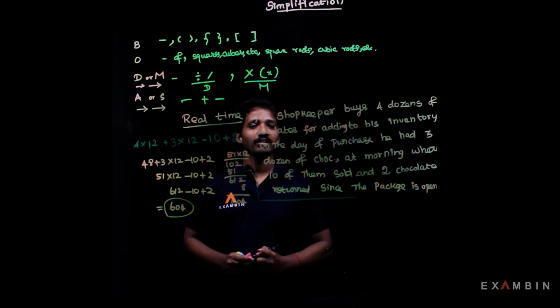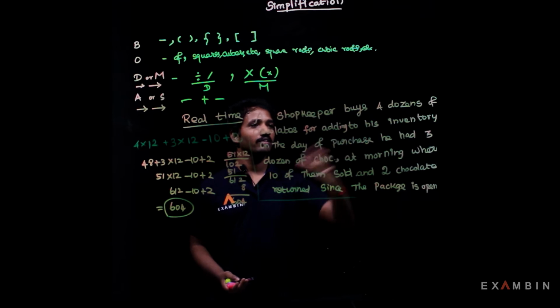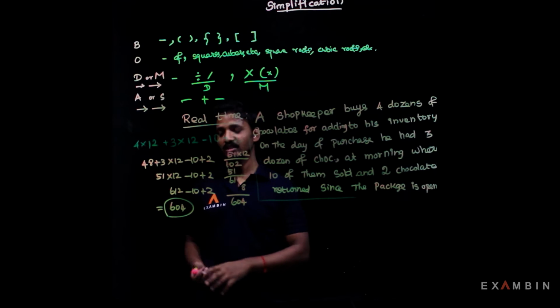Would you believe it? Because he has at most only 7 dozens of chocolates, but the answer is coming 604.